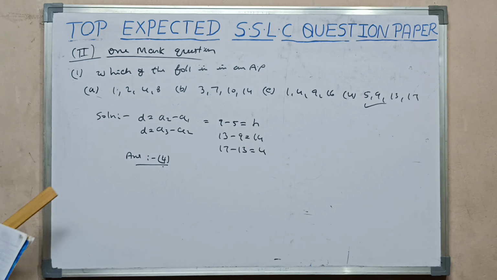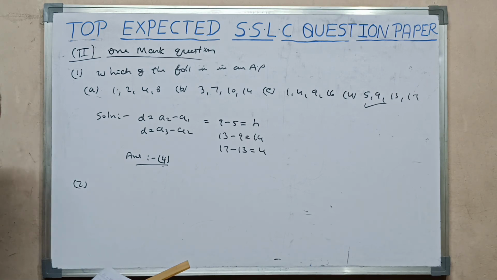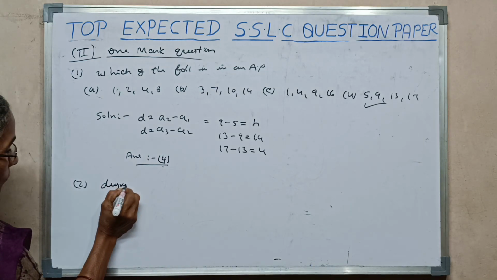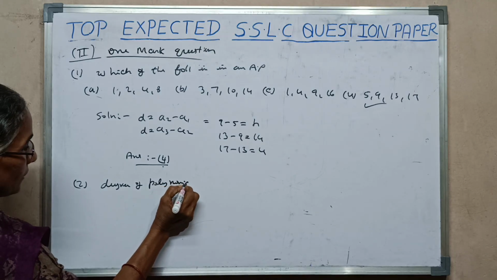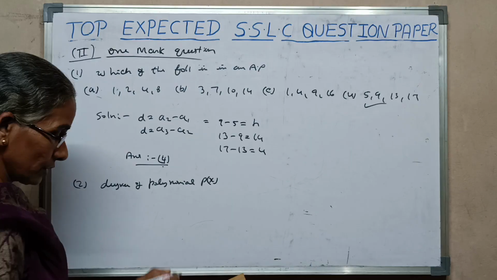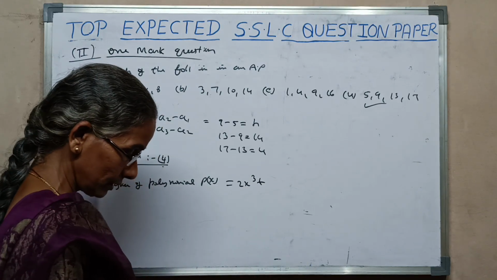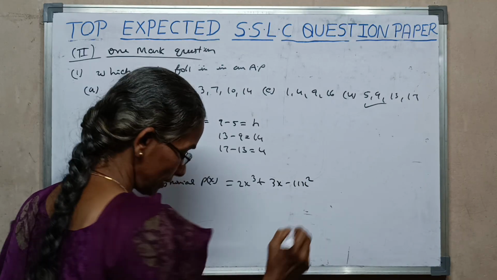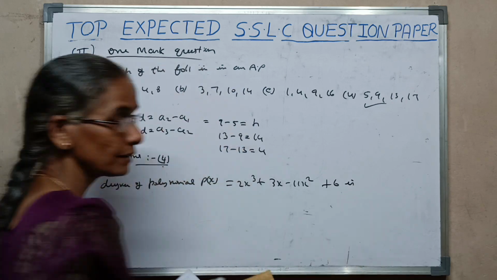Next, second question. Degree of the polynomial p(x) equal to 2x square, 2x cube plus 3x minus 11x square plus 6 is.